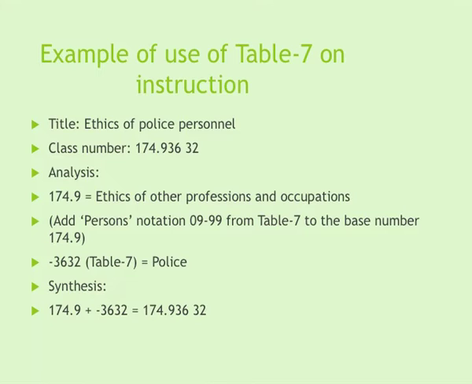So, if we attach the number of police personnel from table 7, that we find is 3632, and we attach this number to the base number 174.9. So, the complete class number becomes 174.93632, ethics of police personnel. So, these were the examples where we found instructions in the schedules to add or attach the number of table 7 to the basic subject number of the schedule.